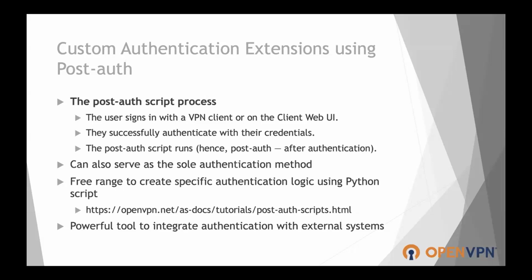So you can make API calls to your mobile device management systems to figure out if a device is enrolled in it, to your antivirus systems, or whatever other external security tools you have that would give you a better context on whether to approve or deny this VPN connection. Can be integrated using post-auth.